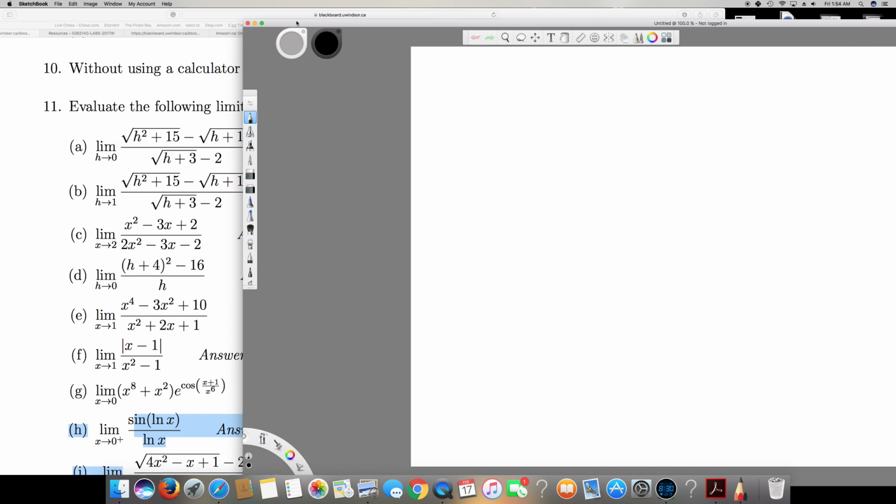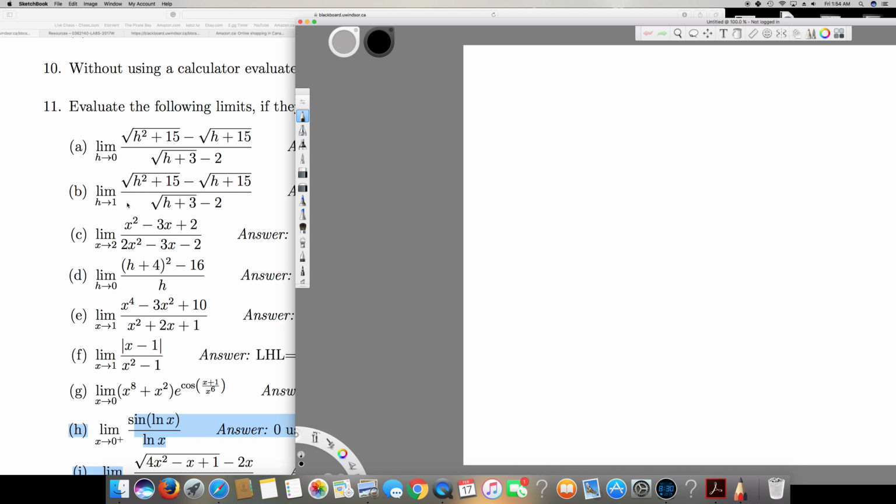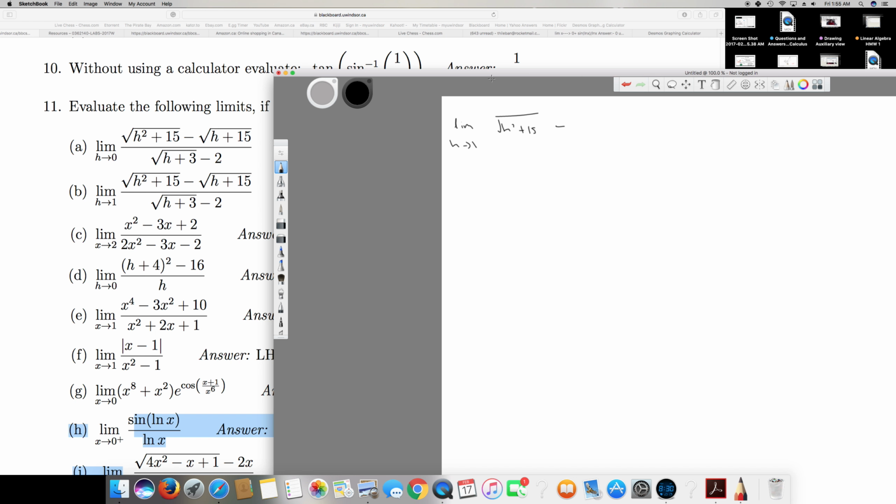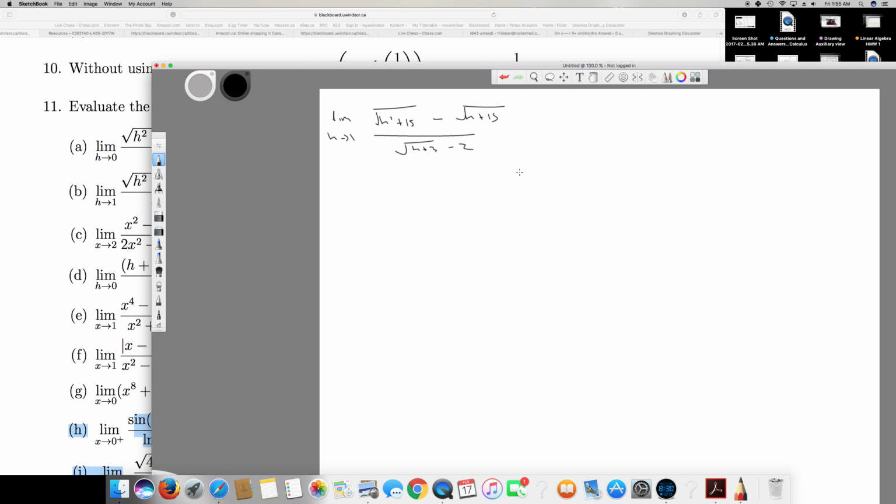And the next question is asking, it's also same thing, but this time we had to put 1 instead of 0. Let's see what happens. Limit h approaches 1 and square root of h square plus 15 minus square root of h plus 15 over square root of h plus 3 minus 2, and now what I have to do is I have to multiply this square root on both sides.